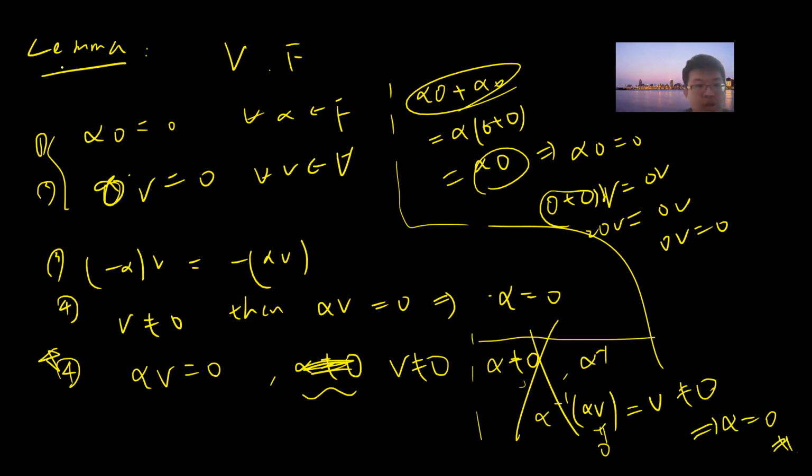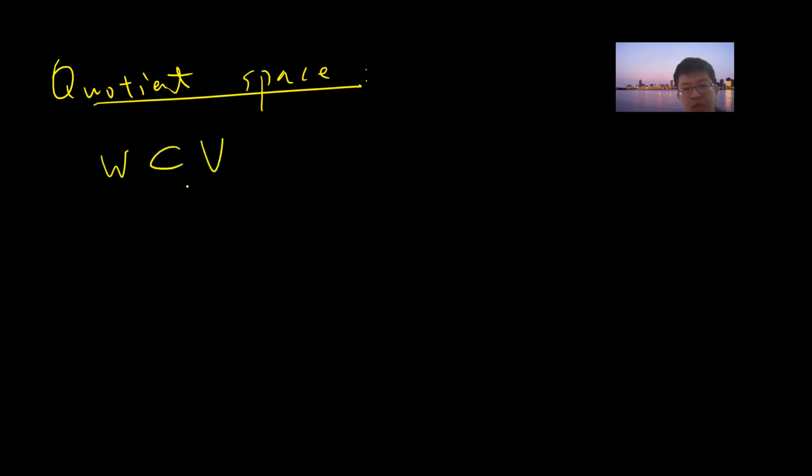Okay, so let's define a quotient space. Quotient space should be easy. If W is a subspace of V, now we have the abelian group, so we can talk about the quotient abelian group.